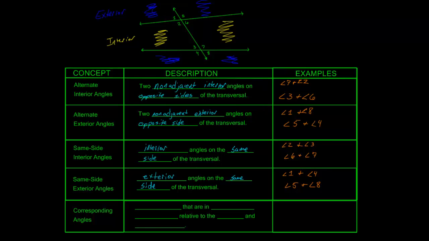Corresponding angles. They are two angles that are in similar positions relative to the lines and transversal.